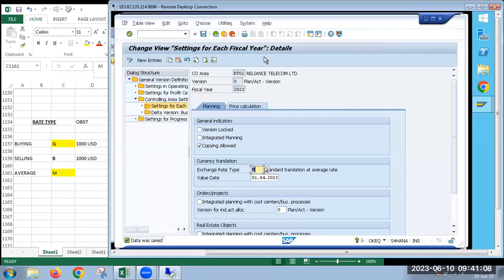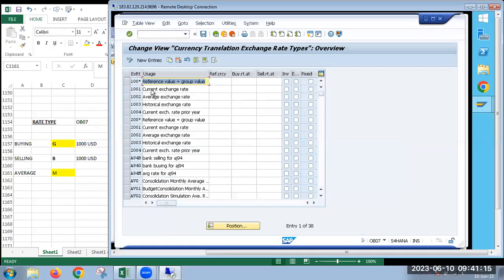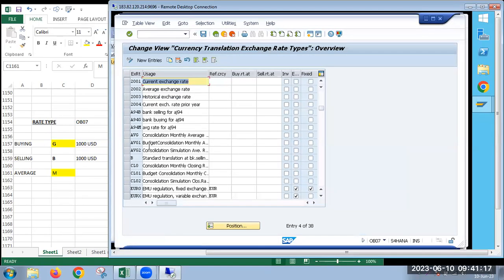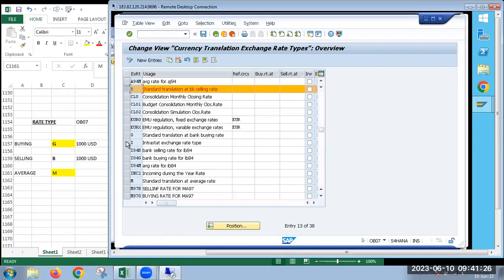Coming back to the rate type, there are a lot of rate types available in the system. You can consider B as the bank selling rate, G as the bank buying rate, and M as the average rate.